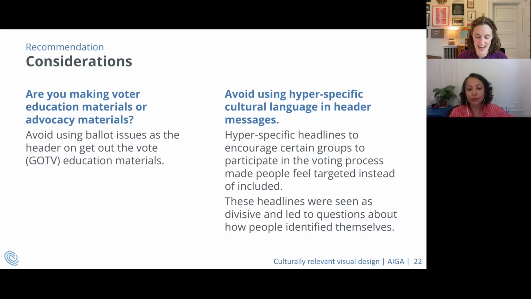But we learned that it was not well received and was perceived as quite divisive, and it led people to question and think about how they identify themselves. So instead of inviting people in, these 2 things that we tested had the opposite of the intended effect and made people feel left out of the process, which is why the recommendation here is to start with a general invitation specifically about the election that speaks to everyone.